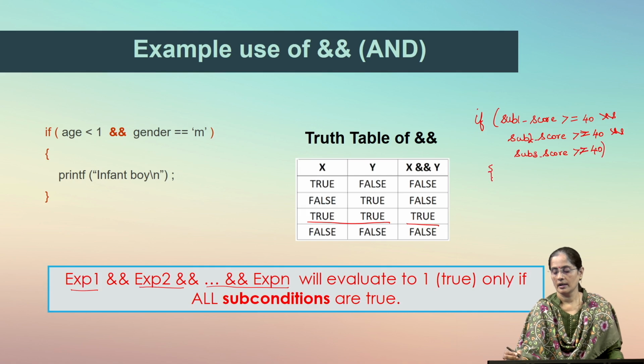Then he can be awarded a grade or a rank. So, we can assume a rank value for that particular student, we can assign the rank value to be 1.